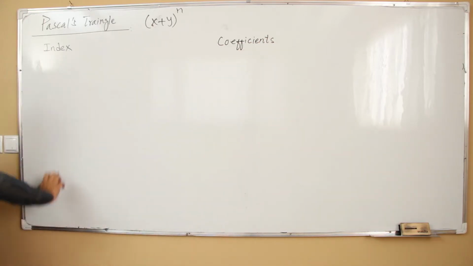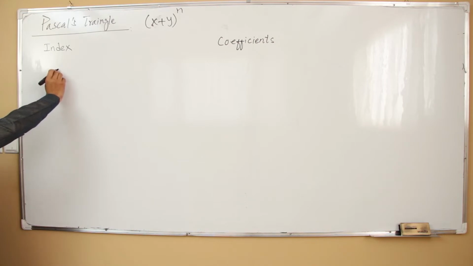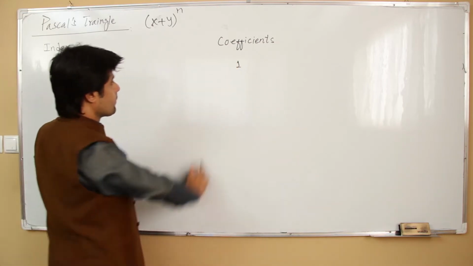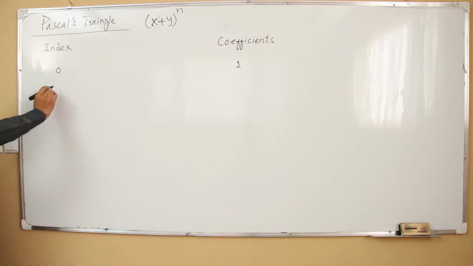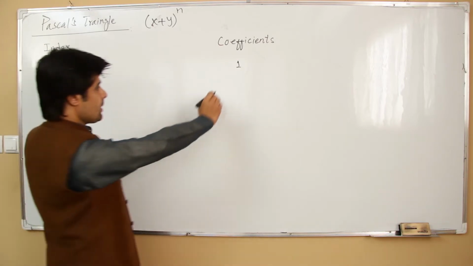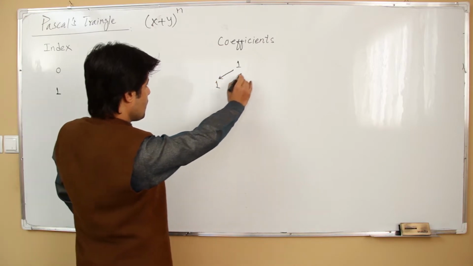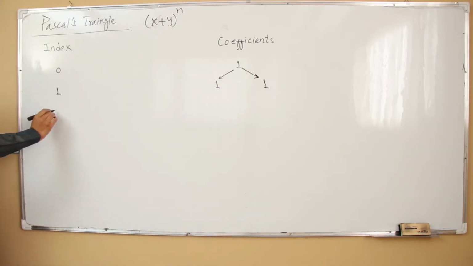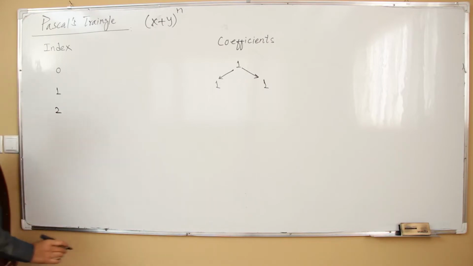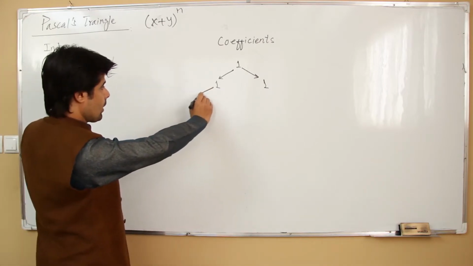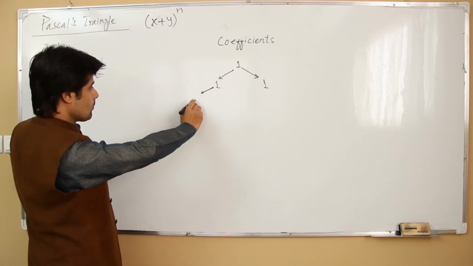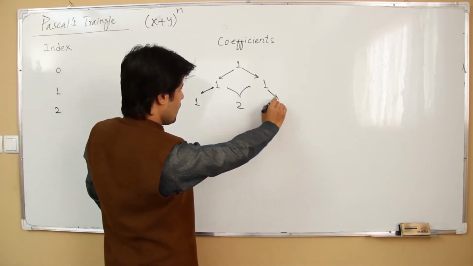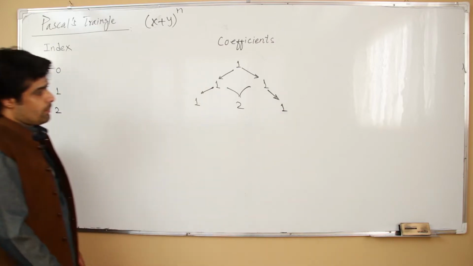By the way, if the index is 0, the coefficient is 1. If the index is 1, expand this one by 1 and expand this one by 1. If the index is 2, expand this one by 1, sum these two, it's 2, and expand this one by 1.